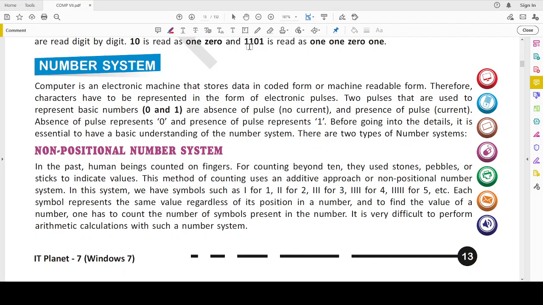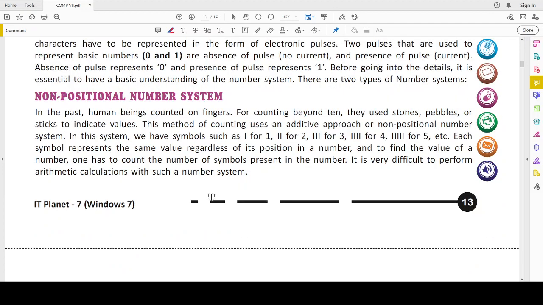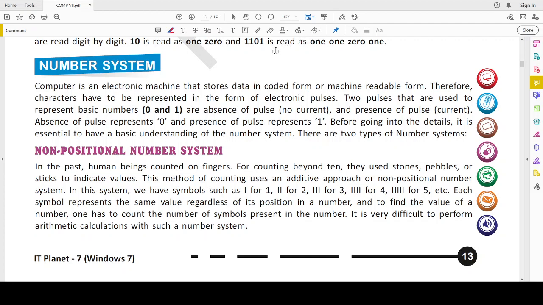This is not a power of 10. This is a power of 2. So you cannot read it as eleven hundred. It will be clearer once you do the examples, and you will see why we should not read this as one thousand one hundred and one, but as 1 1 0 1.